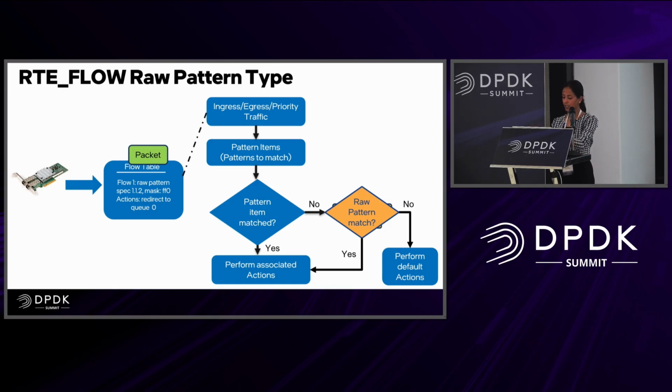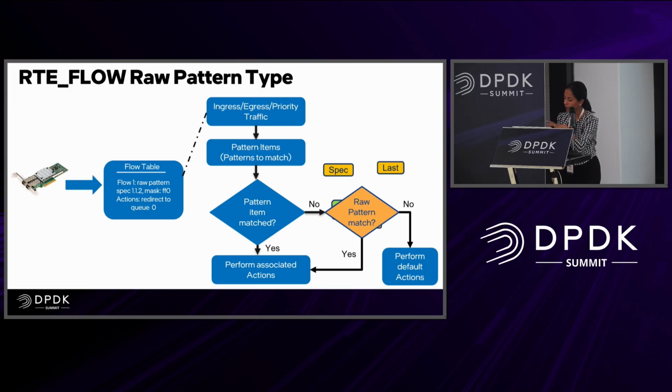So a packet arrives, and again the same things happen. It will check if there is any associated flow. It will check for any ingress attributes, then it will go for the exact match pattern. If it doesn't find any exact match pattern, then it will check if there is any associated raw pattern match, and there it will check for the spec. Last is also kind of an attribute.